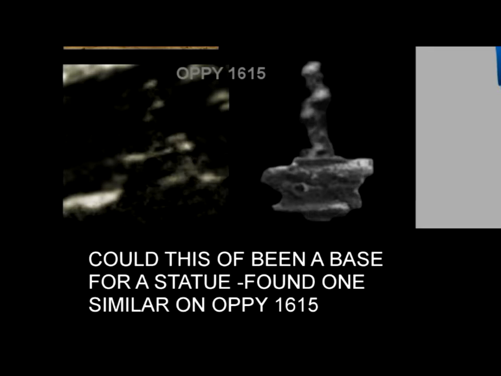Now I thought it looked the same as the top one, but on the OPI one you can actually see something on the top of it. I wish you could zoom right in, because it actually looks like a bust of somebody, like the head and shoulders, because you can see where the hair comes down and goes round the ear and down the back, and they've got a hat on as well.